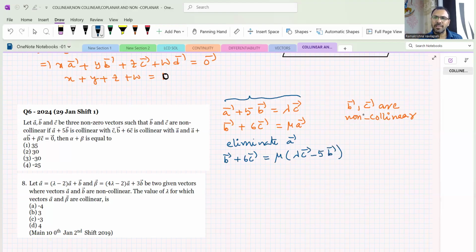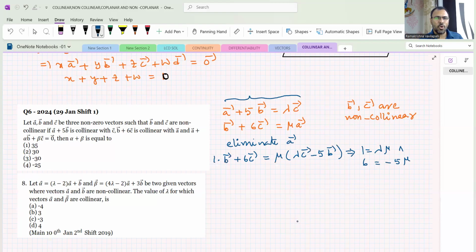Now, B bar and C bar are non-collinear vectors, so you just equate these scalar components. Here the B bar scalar component is 1, that's equal to lambda into mu. And 6 is equal to minus 5 mu. That's it.